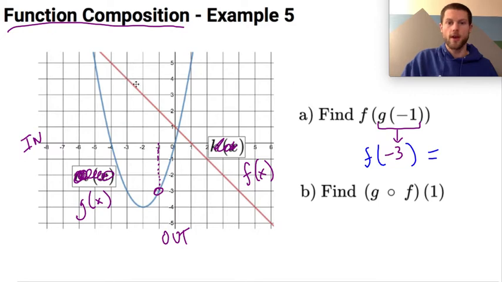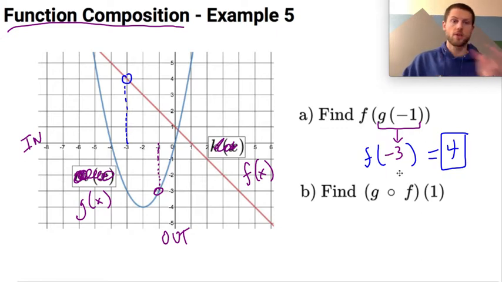So now I go to my function f, and I go to when the input is negative 3, the output is positive 4. So f of g of negative 1 is equal to 4. So I kind of have to retrace my steps a couple times, but it's as simple as that, looking for your inputs and your outputs.